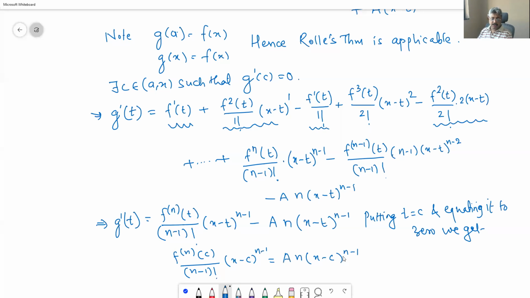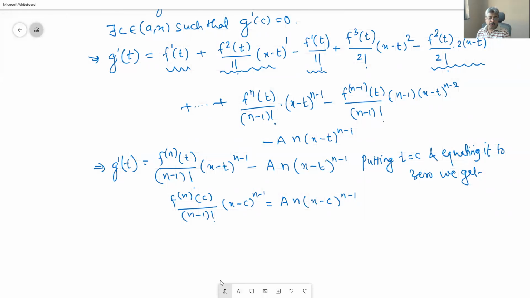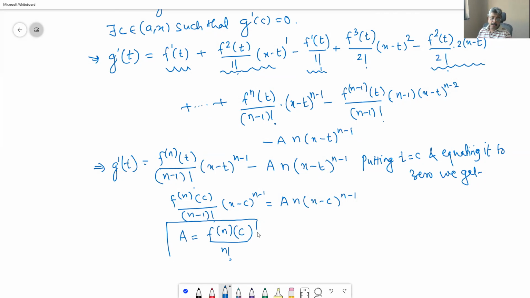So this x minus c raised to n minus 1 gets cancelled because it is not equal to 0, and therefore you get this n transposed to the other side and you get a is equal to f n evaluated at c upon n factorial. That is the beauty of this theorem. You get exactly the thing that you want.